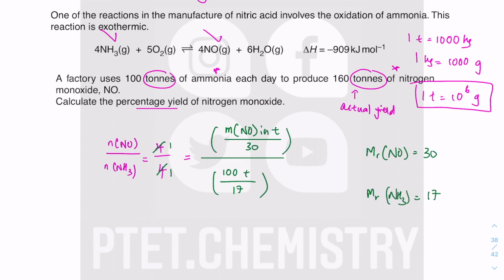So that will give me the mole of NO over the mole of NH3. This is a theoretical yield assuming 100% reaction from the balanced equation. This is the actual yield, how much you actually get out. So the mass of NO in tons is going to be 100 over 17 is equal to this, and then multiply by the 30, and I'm aware that my answer will be in tons.